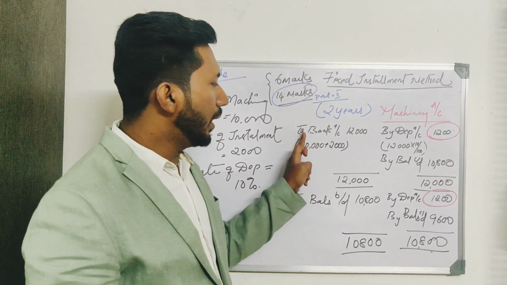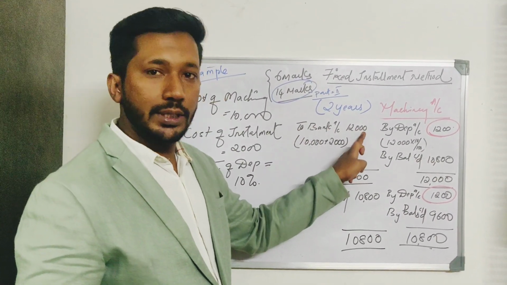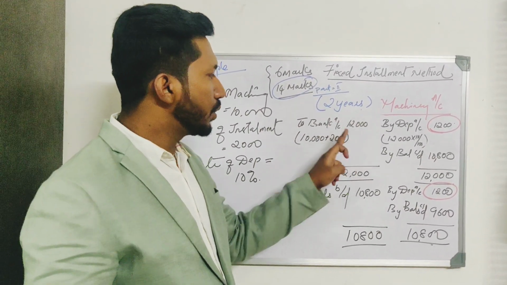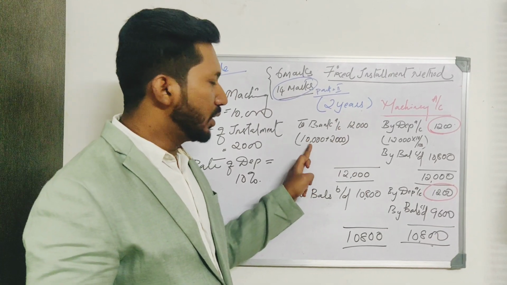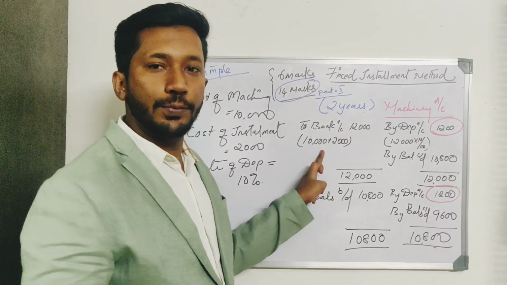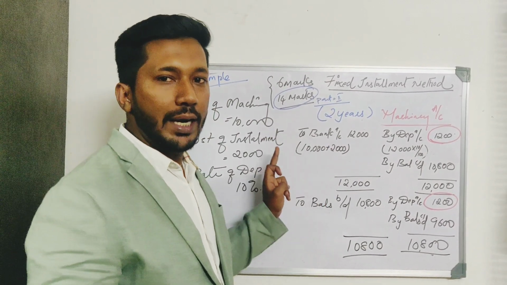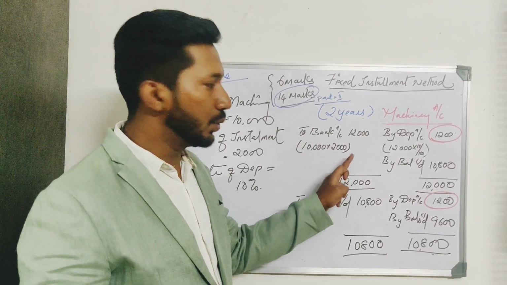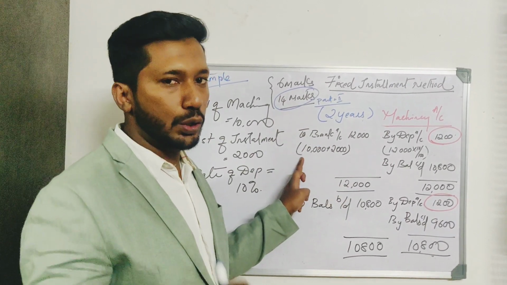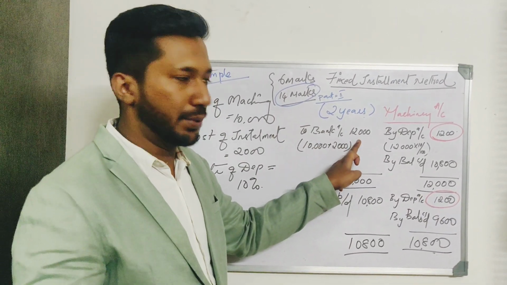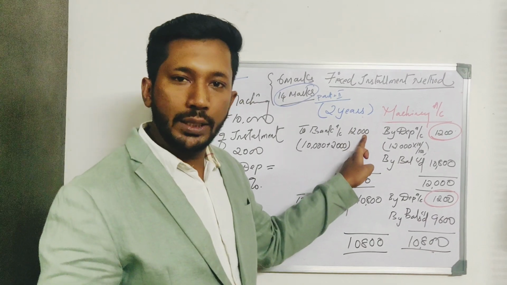So we write To Bank Account 12,000. I have taken 12,000 here, which is this 10,000, the cost of asset, plus 2,000 rupees for installation charges. Both will be added to the cost of asset when we calculate depreciation. So we are writing 12,000 here.